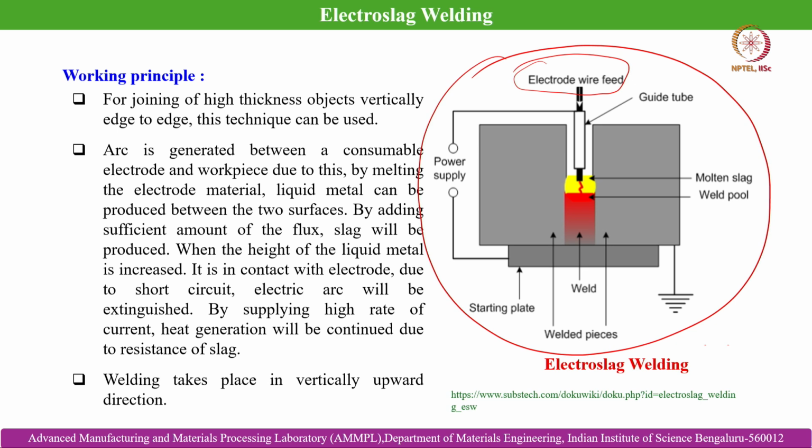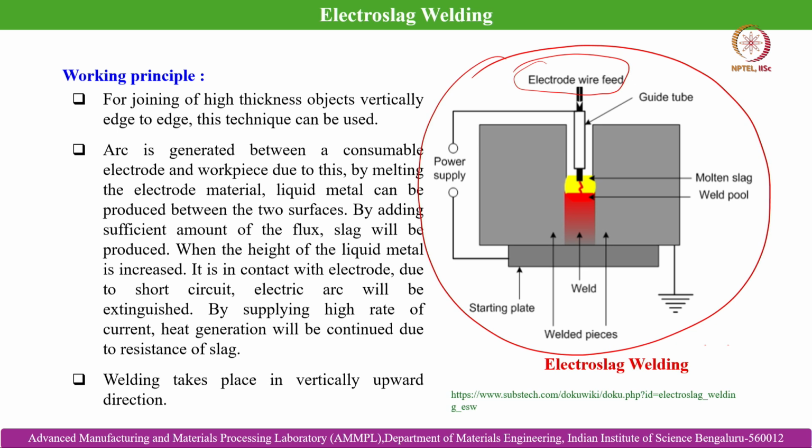So, there is not much variable cooling rate, and associated microstructural heterogeneity, anisotropy of properties that we generally observe in case of other thick welds developed using arc welding techniques or gas welding techniques. So, those are inherently nullified in case of the electroslag welding route.